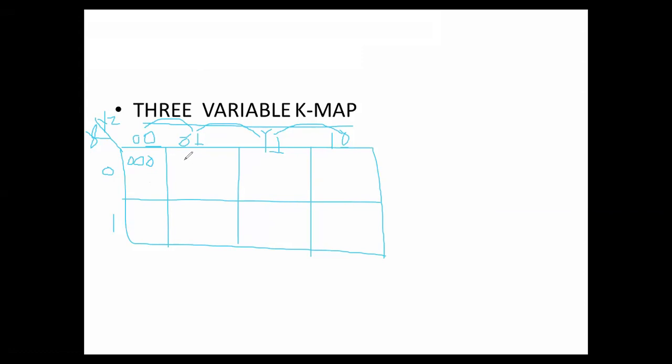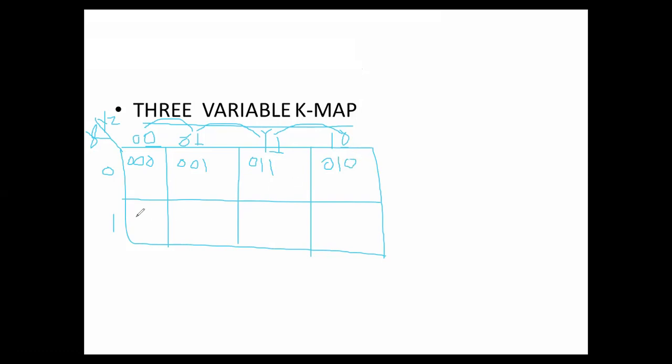Here, X is 0, Y is 0, Z is 1. Here, X is 0, Y is 1, Z is 1. Next, X is 0, Y is 1, Z is 0.